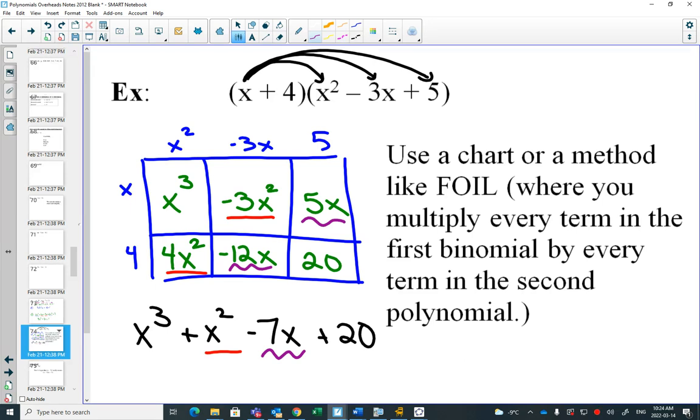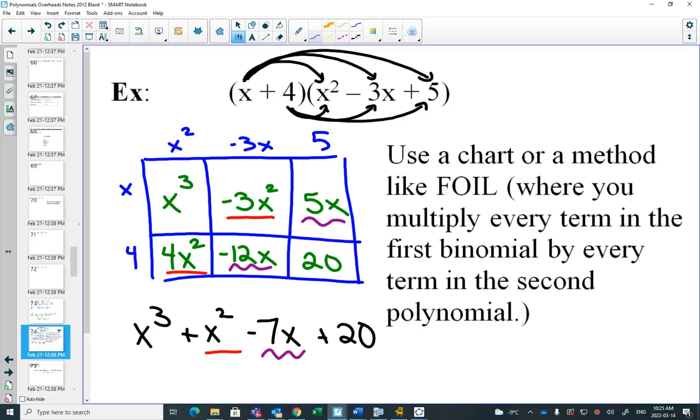And the second row in our chart we got by multiplying the 4 times the x squared, the 4 times the minus 3x, and the 4 times the plus 5. Can you see if I start with every term in my first binomial and draw an arrow to every term in my second trinomial, I got 6 arrows in the end. And those 6 arrows match up with the 6 spaces in your chart.